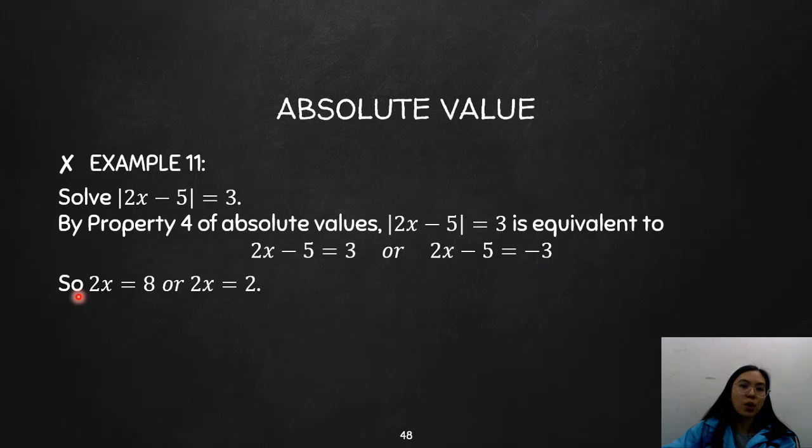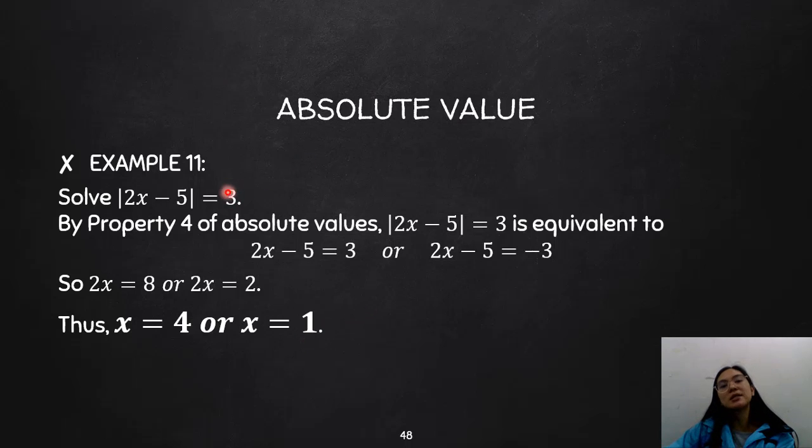Such that if we solve, 2x is equal to 8 or 2x is equal to 2, you have the value of x which is x is equal to 4 and x is equal to 1. Dalawa po, pag absolute value, dalawa yung value niya kasi we take into consideration the positive and negative sign.